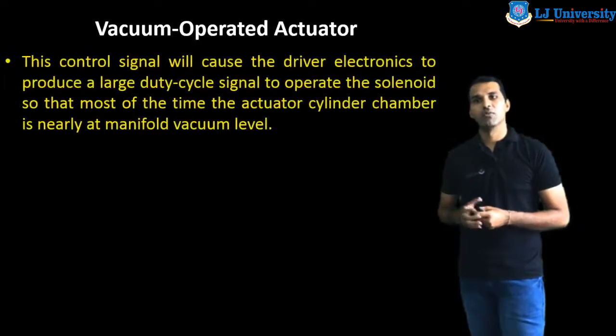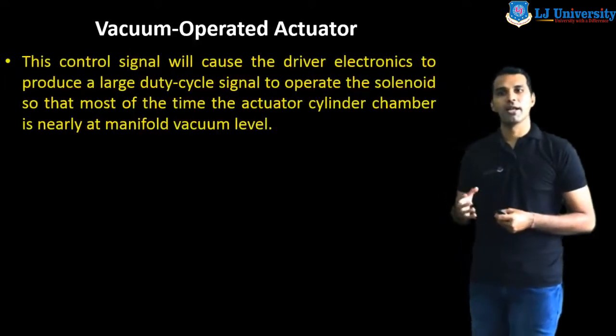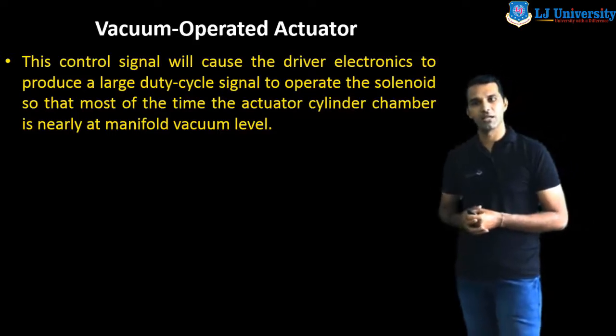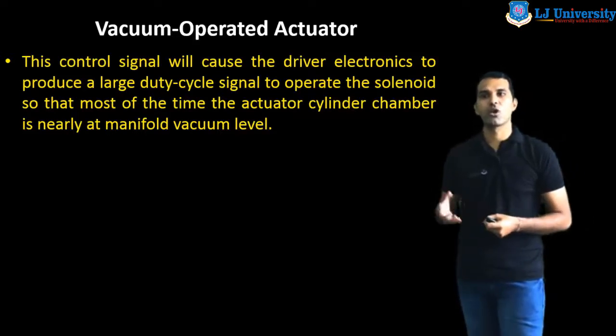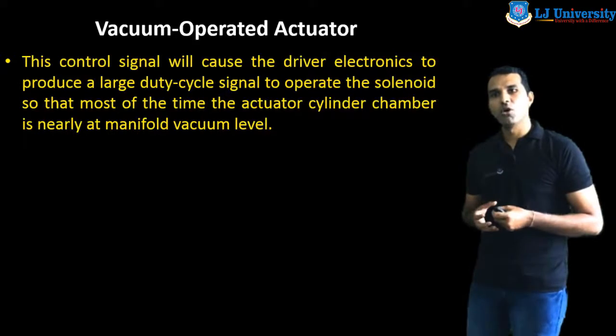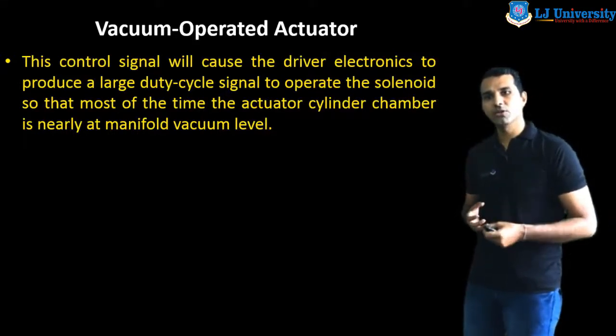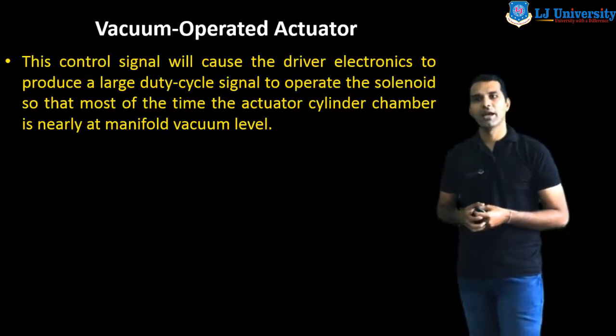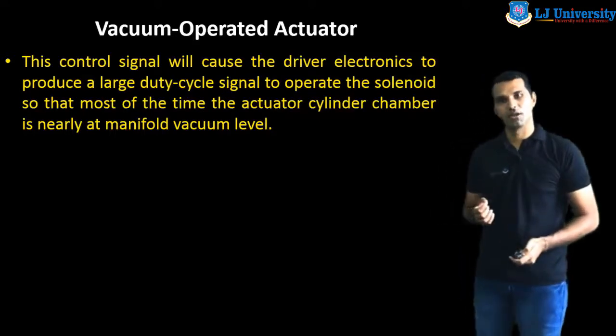This control signal will cause the driver electronics to produce a large duty cycle signal to operate the solenoid, so that most of the time the actuator's cylinder chamber is nearly at the manifold vacuum level.